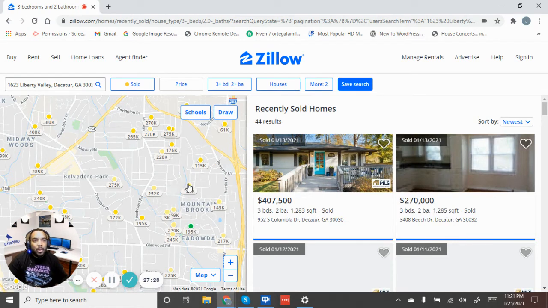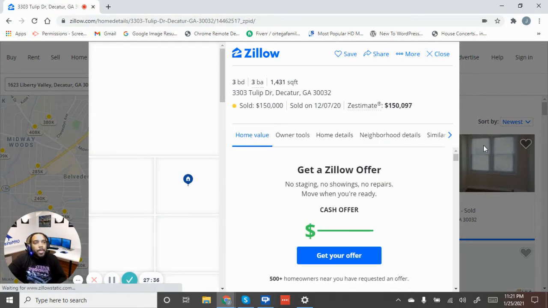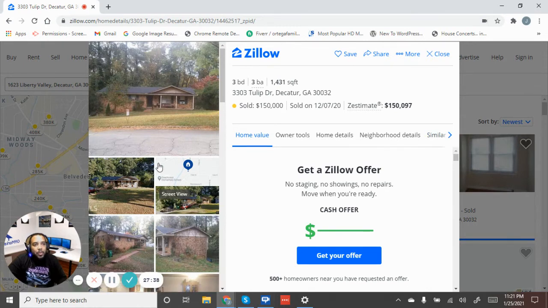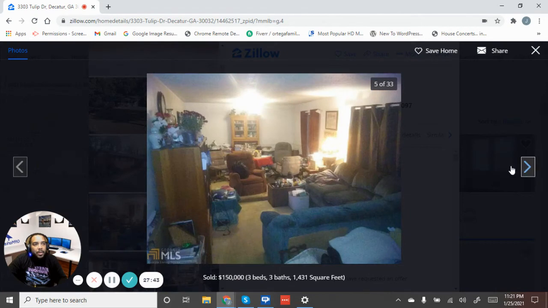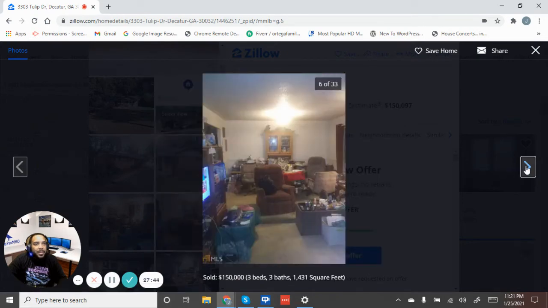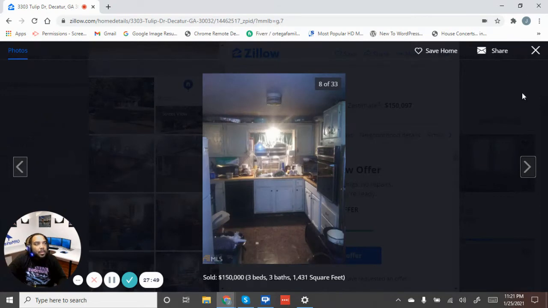So let's look at this one at 150. If this last one at 150 is not really updated, like our subject property, I'm just going to go ahead and eliminate anything under 200,000. So yeah, see, it looks like this hasn't been updated since 1970 for sure. Well, at least 1980 or 90, actually 90 probably.